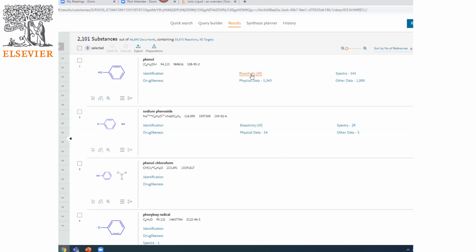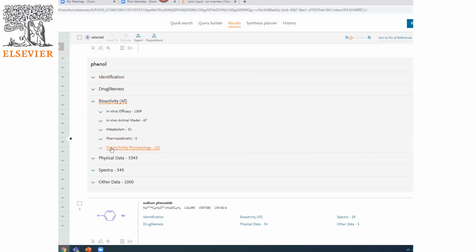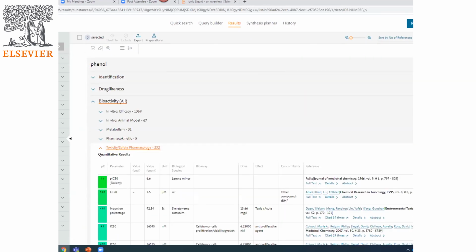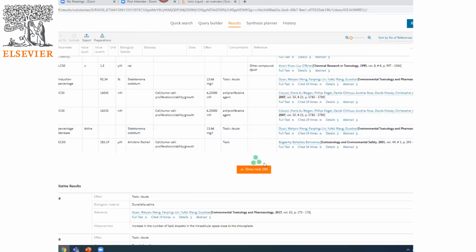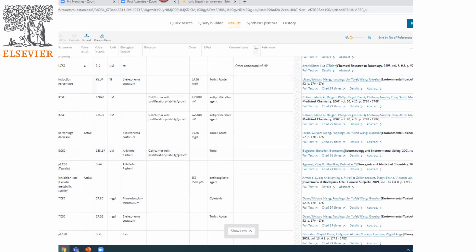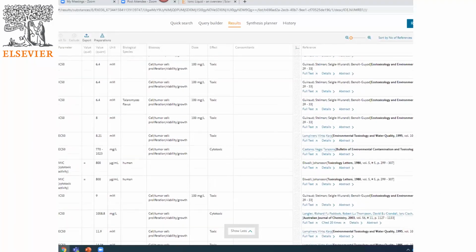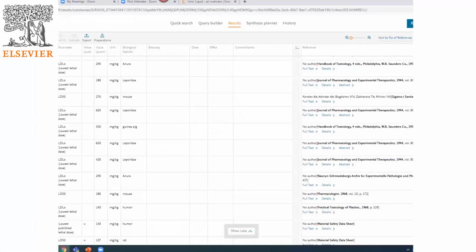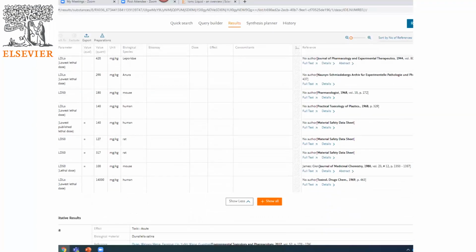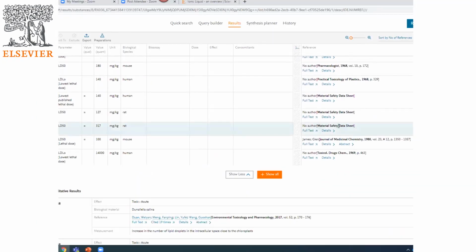In the bioactivity, you can see toxicity and safety, and there would be available even some data from MSDS. LD, LD50, LD50, and also one of them belongs to MSDS. Here it is, material safety data, LD50.